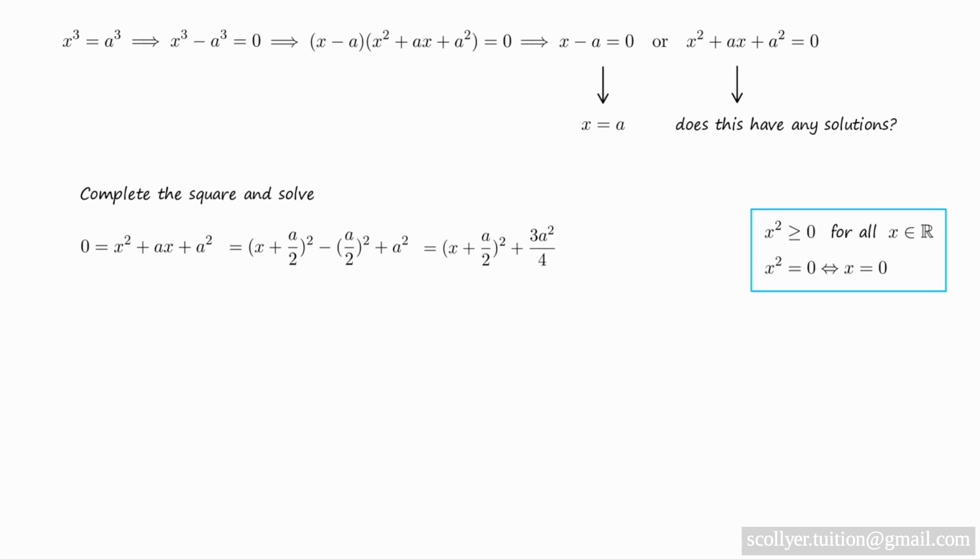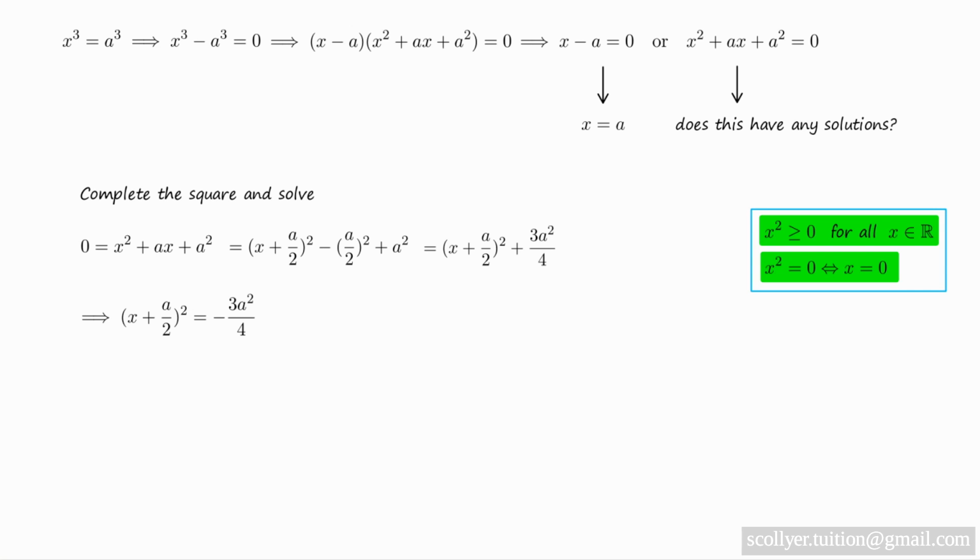And now we consider two important facts. x squared is greater than or equal to 0 for all real x. x squared equals 0 is equivalent to x equals 0. And now we note that if (x plus a over 2) all squared plus 3a squared over 4 equals 0, then (x plus a over 2) all squared equals minus 3a squared over 4.